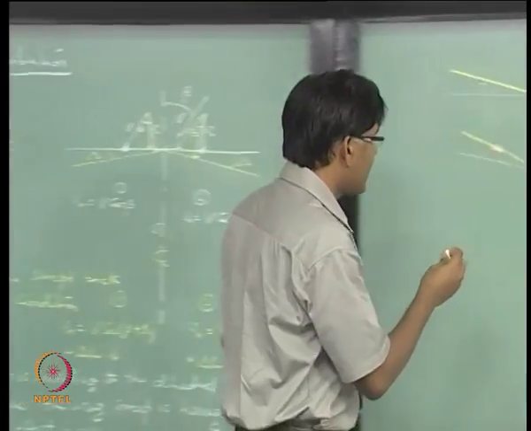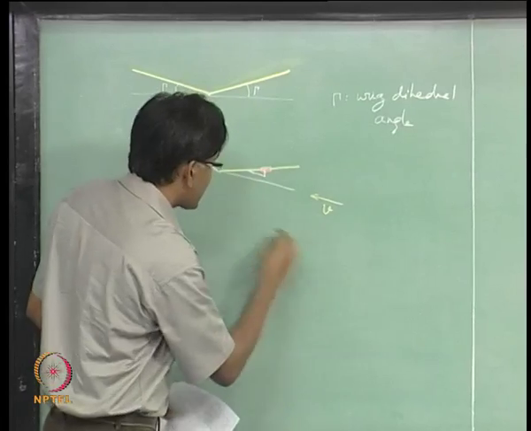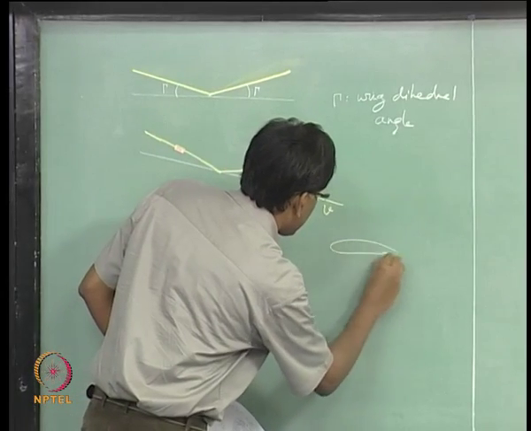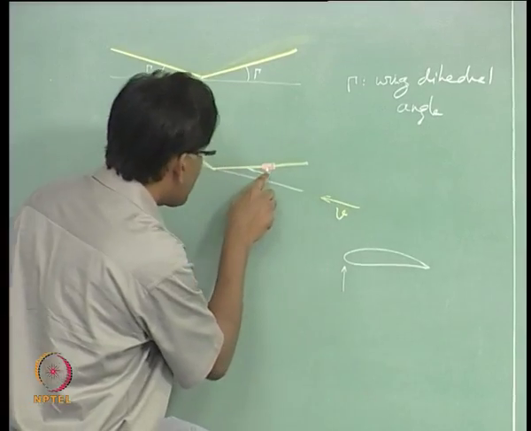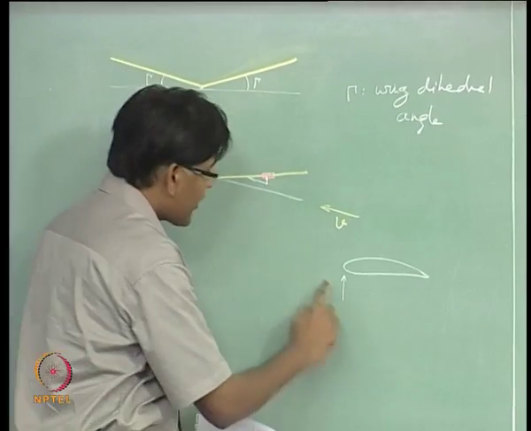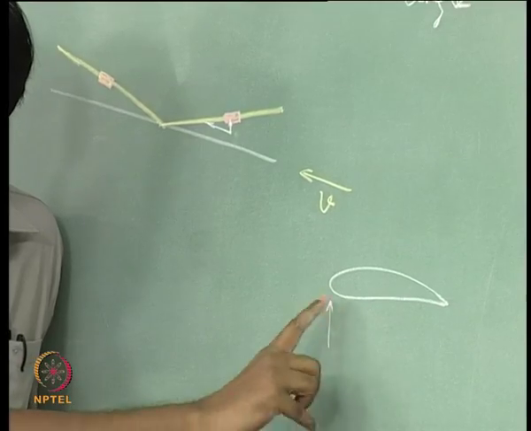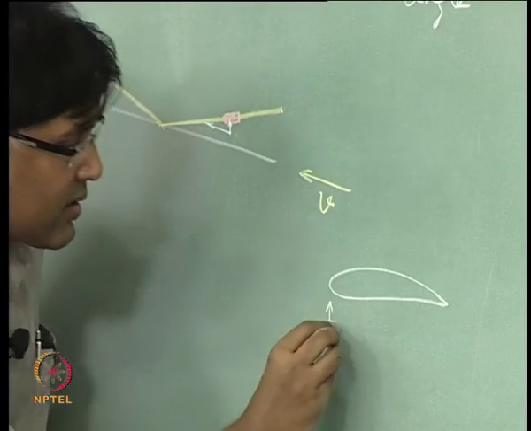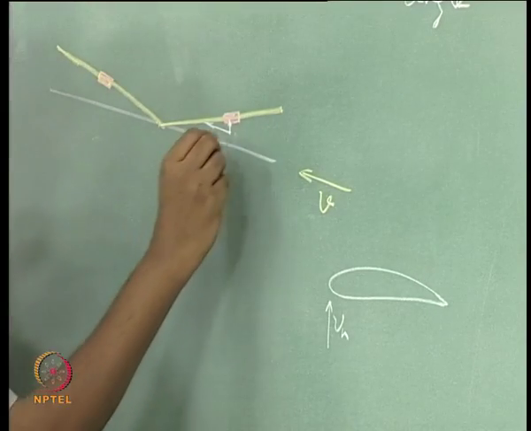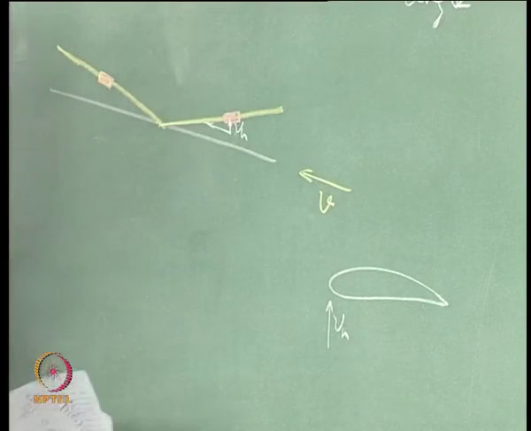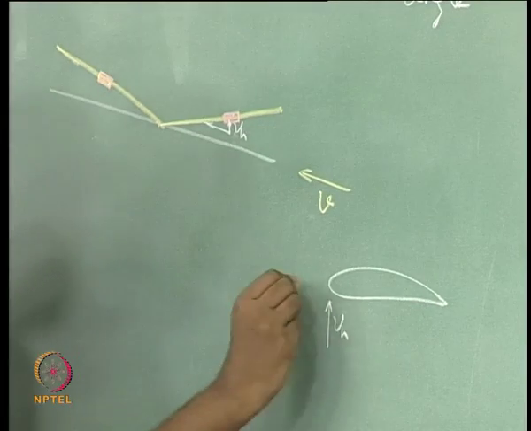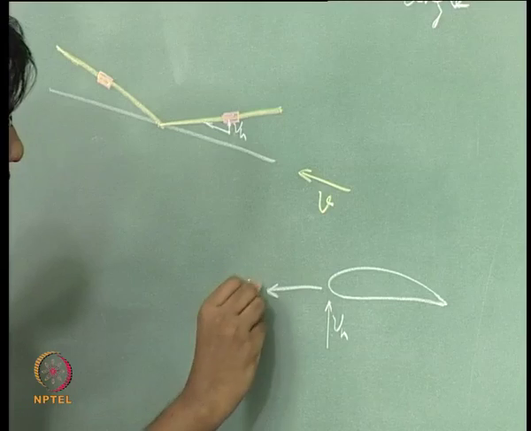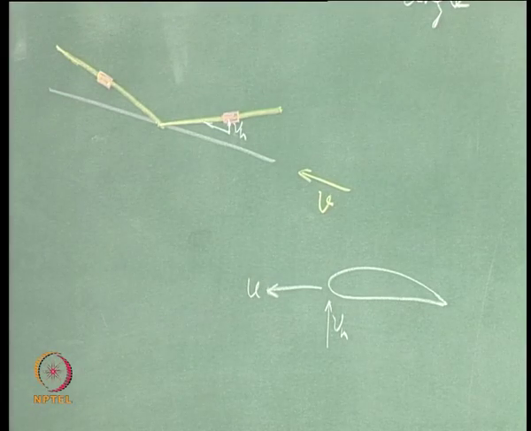So, if you are looking at this particular section, this component is going to give me this velocity, Vn, and the aircraft is moving with the velocity U in the forward direction.